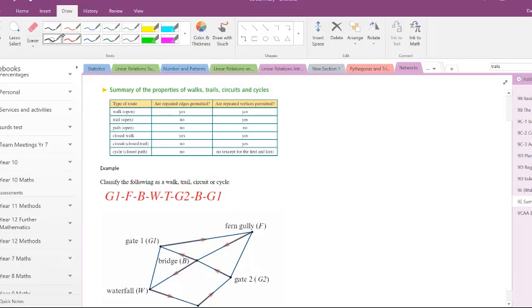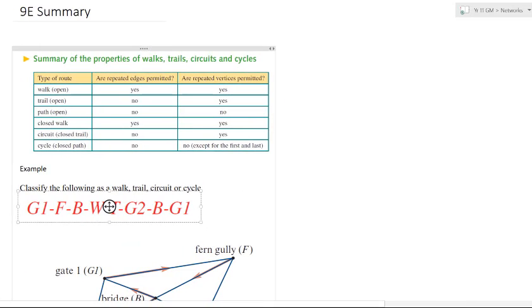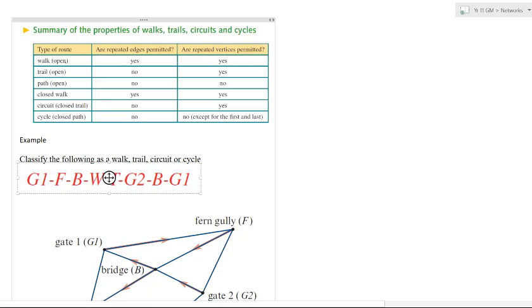Okay, so here's the summary, and let's do an example. A walk: you can have a repeated edge and you can have repeated vertices. A trail: you can't have a repeated edge, you can have repeated vertices. A path: you can't have repeated edges, you can't have repeated vertices. A closed walk: repeated edges permitted, yes; repeated vertices permitted, yes; and they finish at the start, that's okay.